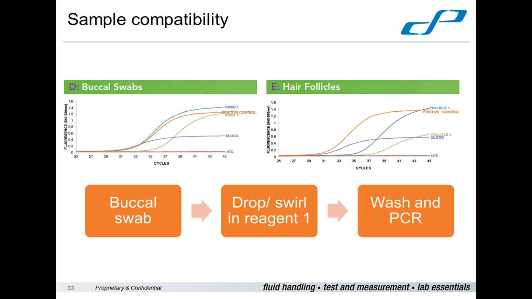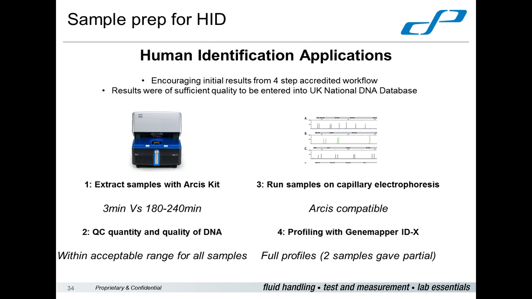You simply drop the swab into reagent 1, mix, and that could be squeeze the swab, swirl the swab, just anything to try and liberate the nucleic acid from the matrix of the swab, and then proceed washing and into PCR.